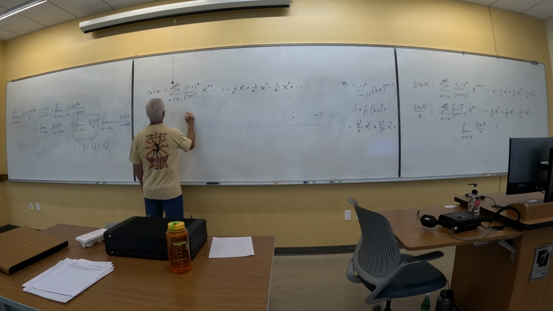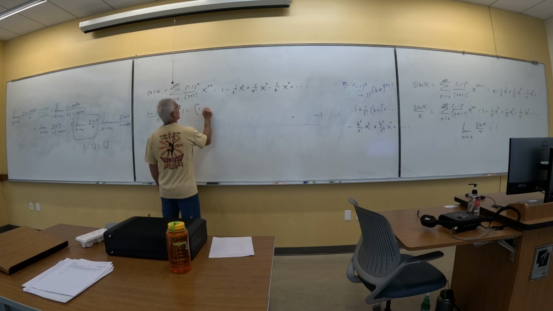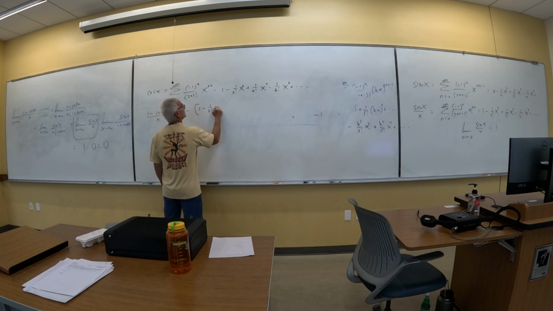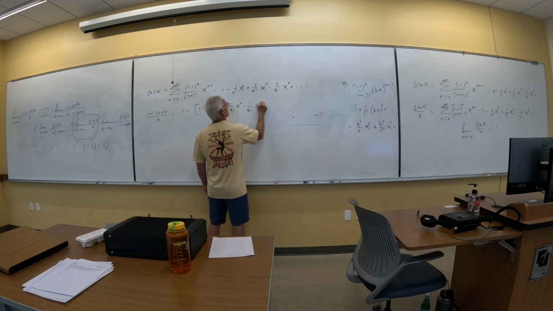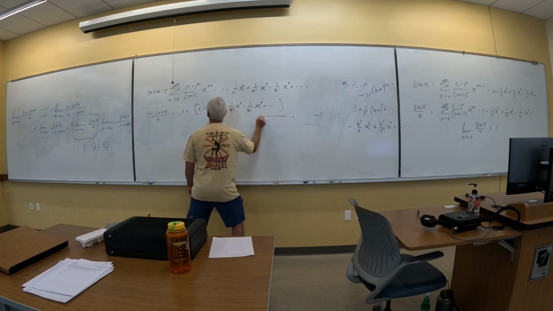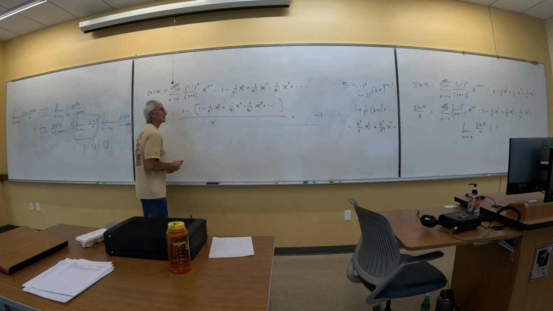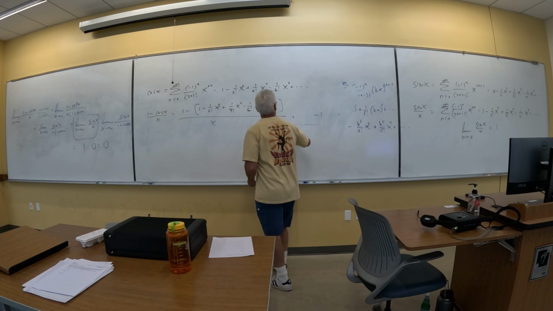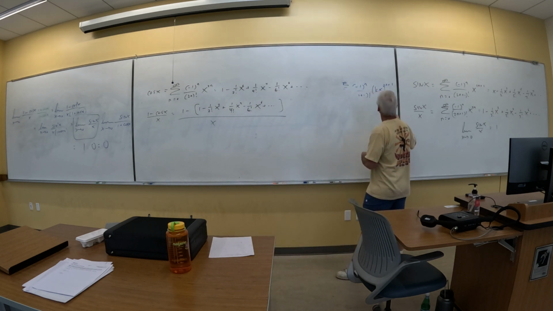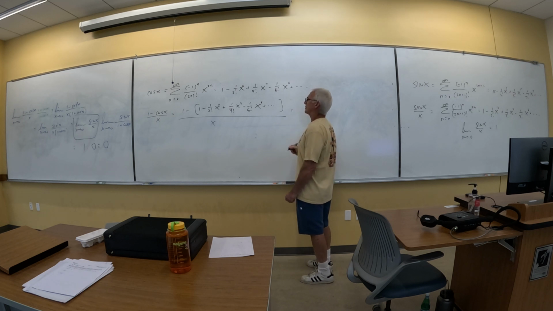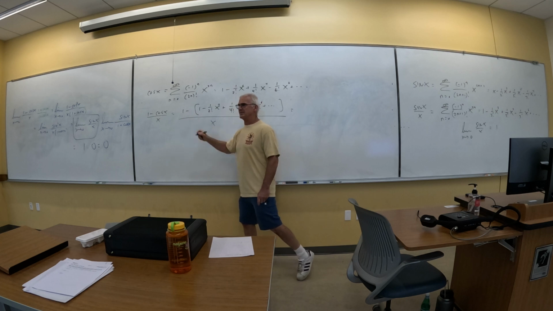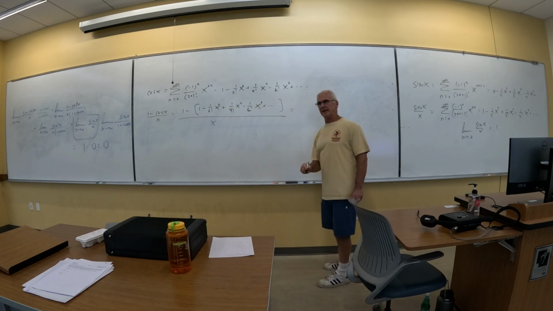Well, it's going to be all of that. Oh, it's going to be 1 minus all of that. Can we reduce this without rewriting it multiple times? Well, first of all, I got to distribute that negative sign, but the ones are going to cancel, aren't they?